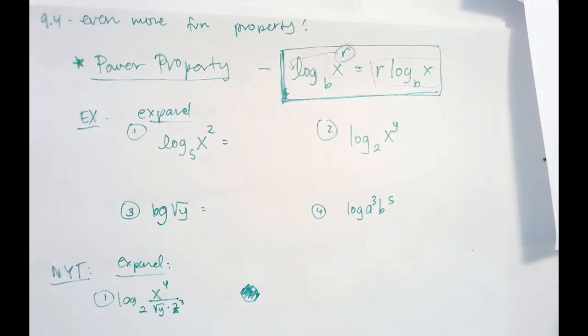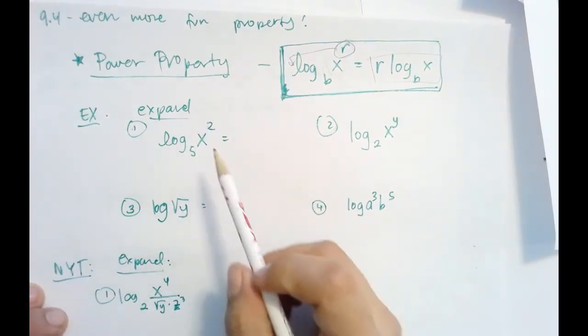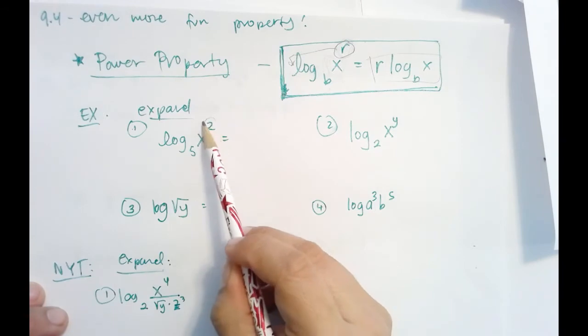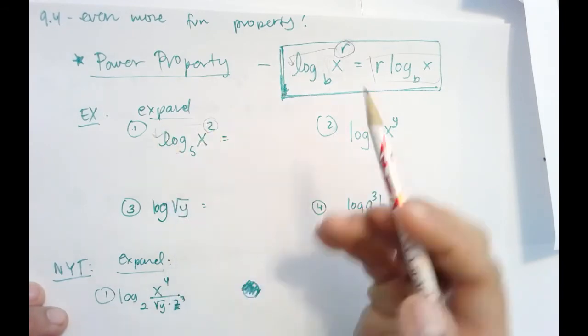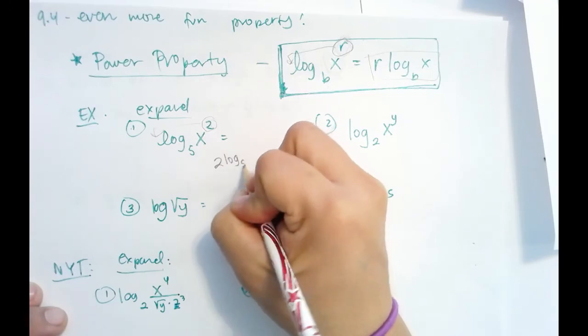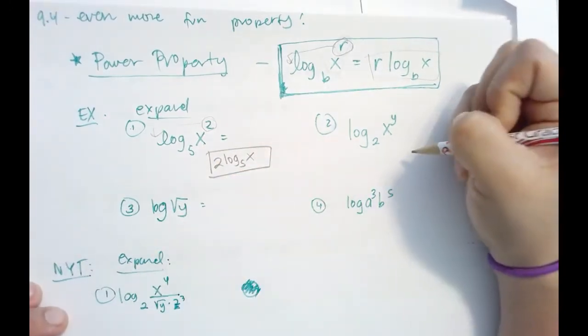So let's do some examples so you can see what I'm talking about. So let's say, for instance, here we have log base 5 of x squared. This squared can be rewritten in the front, and we can rewrite this as 2 log base 5 of x, which is really a cool property of the logarithm.